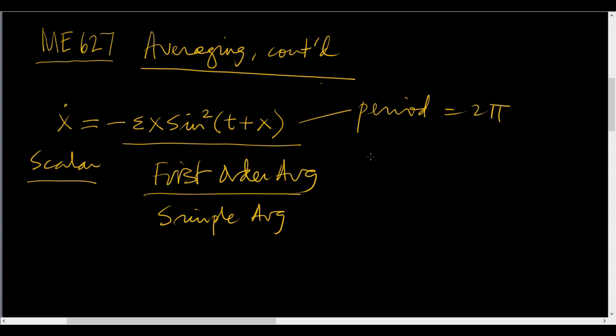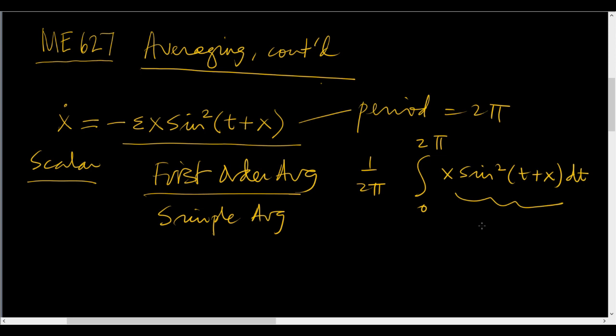So 1 by 2 pi, the integral from 0 to 2 pi of x sine squared t plus x dt. I hope you remember x is held constant. Actually x changes, but over here symbolically it is held constant.